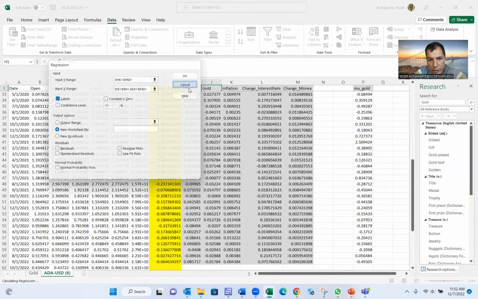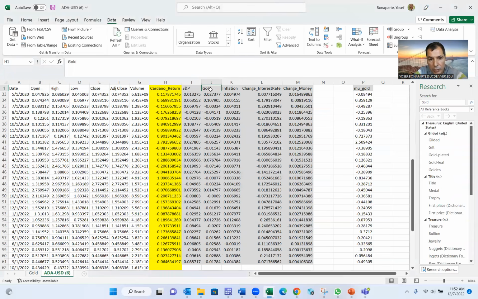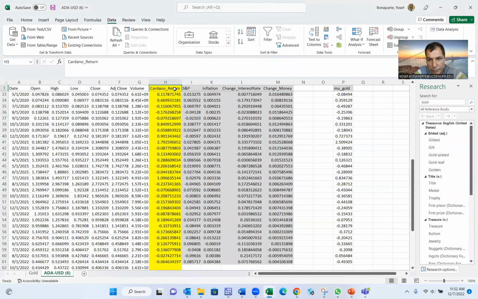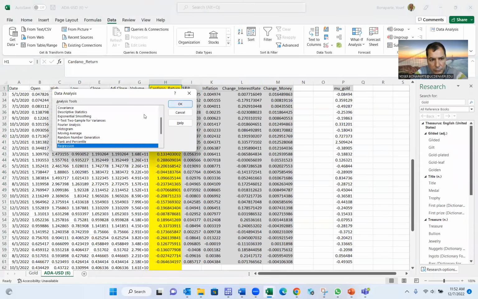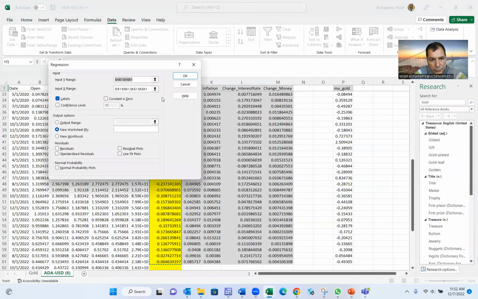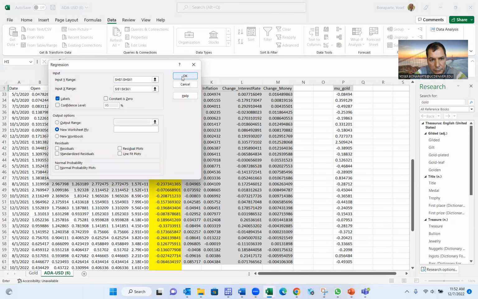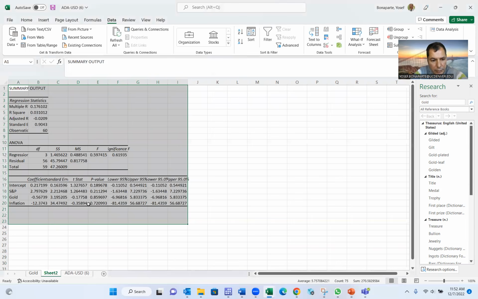Oh, we cannot stack it together. Cancel. We need to hide the gold. Now we can have S&P and inflation. Regression, S&P and inflation. Okay.